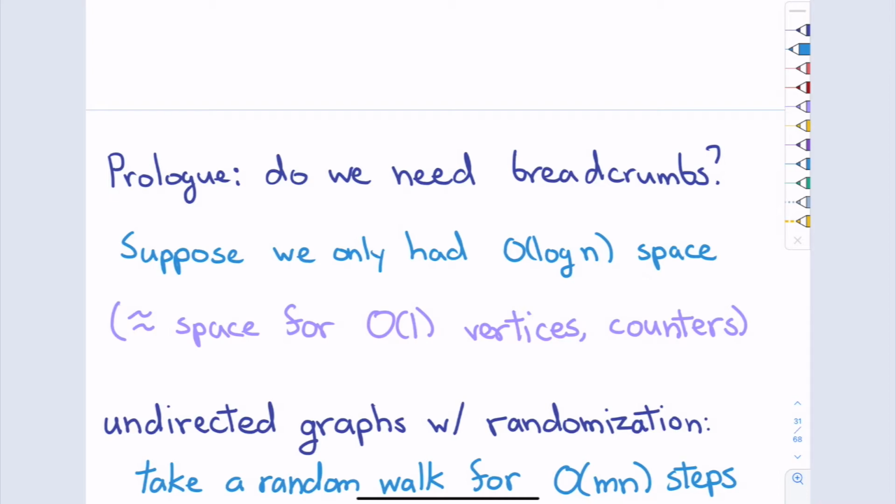Suppose I only gave you log n memory times a constant. That's basically enough memory to maybe remember the ID of a few vertices. Like you're walking on a graph, you can remember what vertex you're on. It's enough memory for a counter, right? Because I can count to n with log n bits. It's not enough memory to mark every single vertex. I need n memory for that.